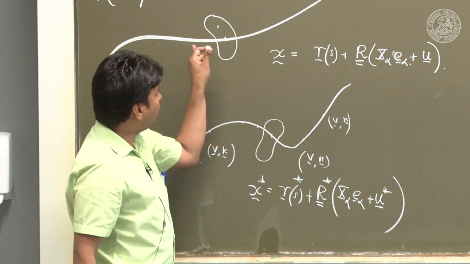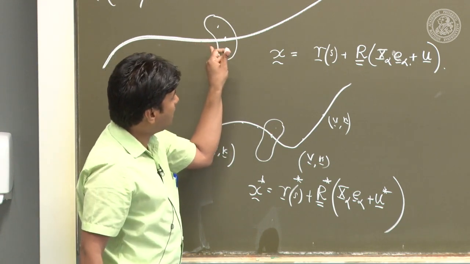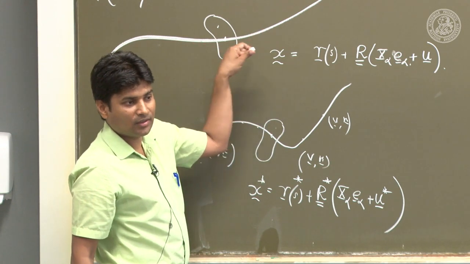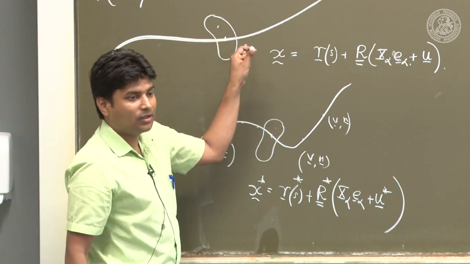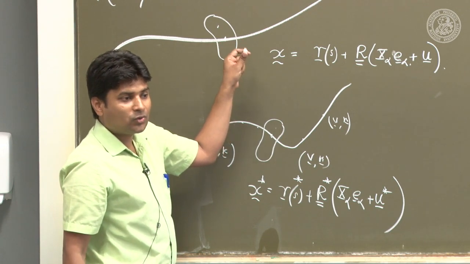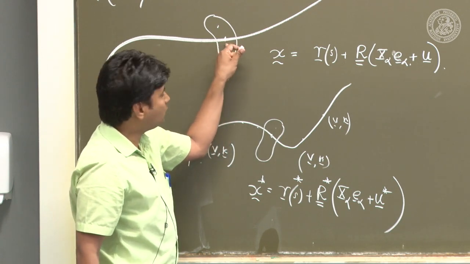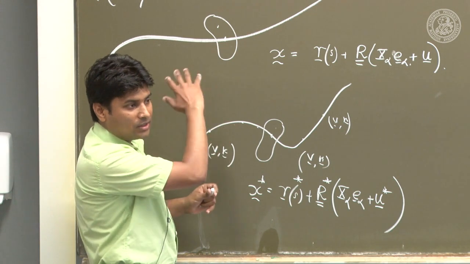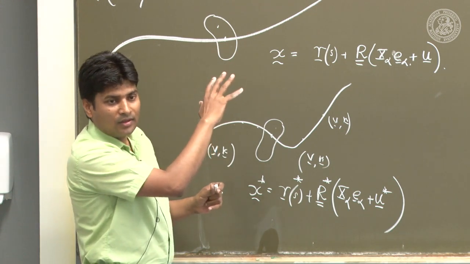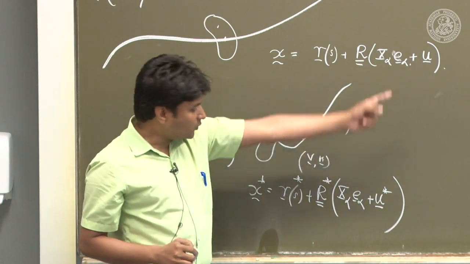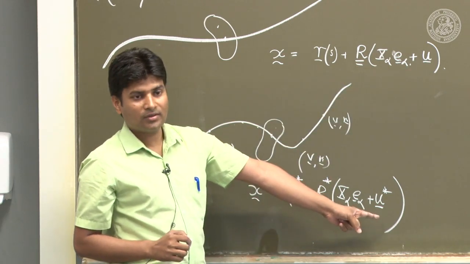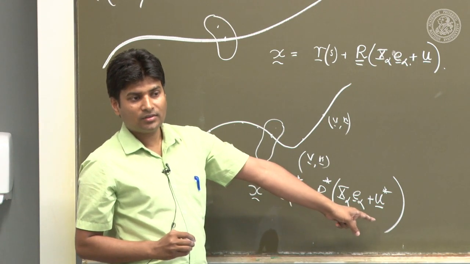But if v and k are changing very slowly, the neighboring v and k is very close to what the v and k at this location is. So, if v and k are changing very slowly, then the u over there will be very close to the u star over here, isn't it?